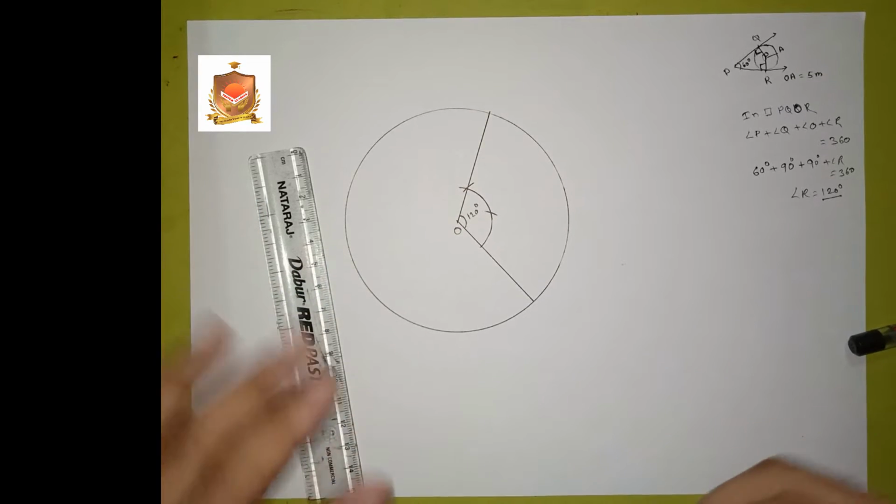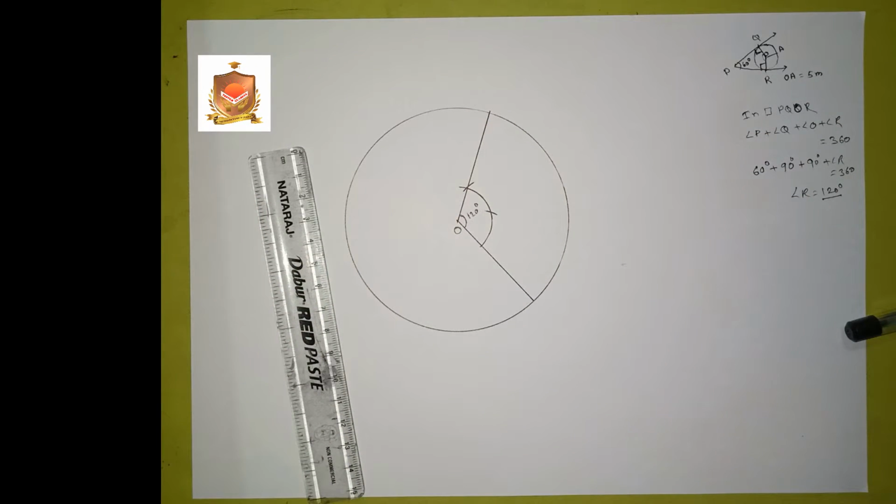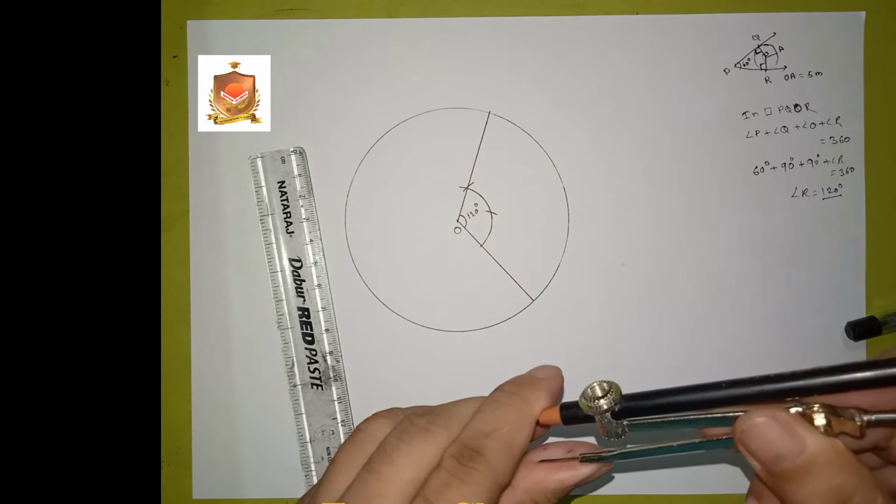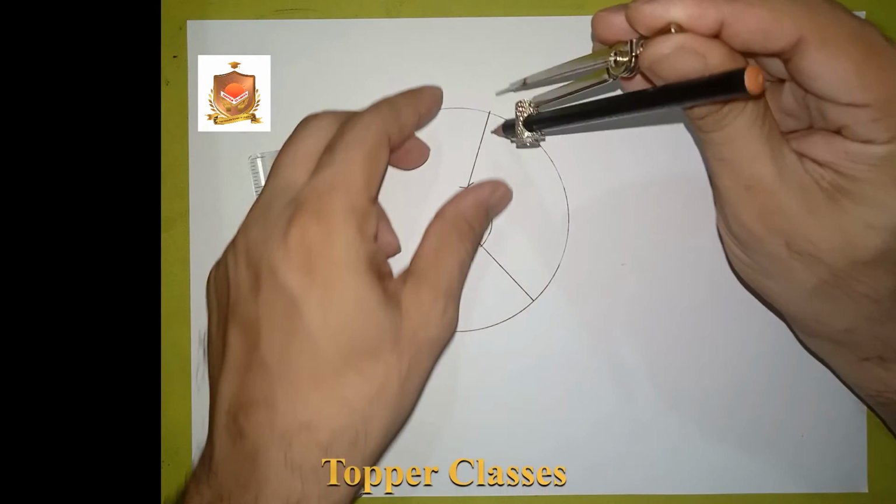Next thing, what I have to do, I have to draw a perpendicular here. For drawing the perpendicular, again same thing.